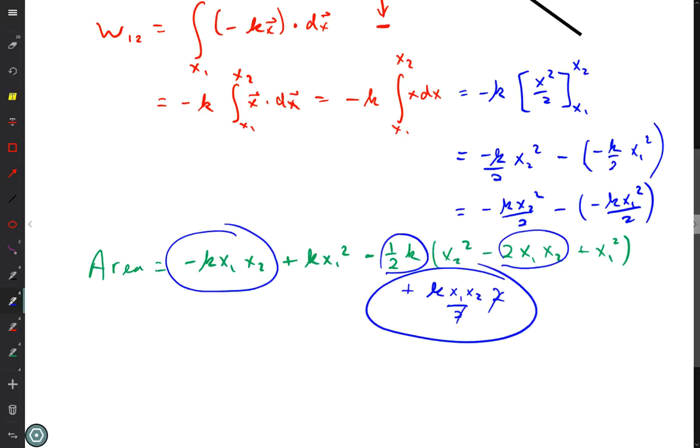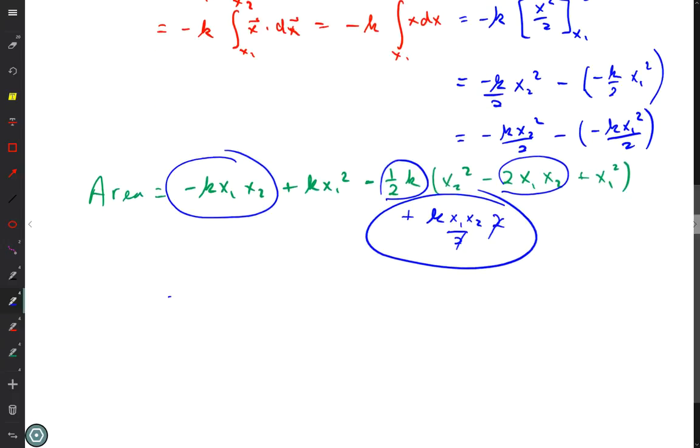So those are going to add out to 0. I like to do my adding out to 0 as quickly as I can. And so I'm going to have kx1 squared minus 1/2 kx2 squared minus 1/2 kx1 squared.